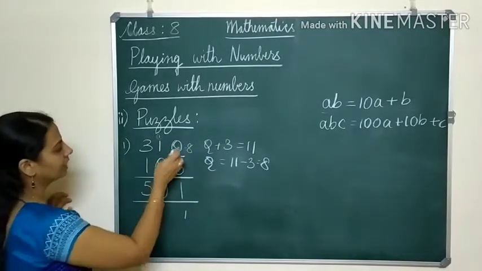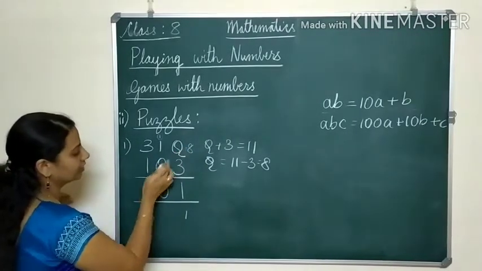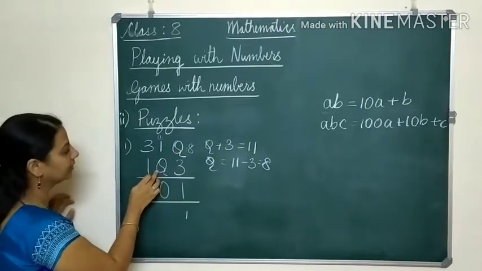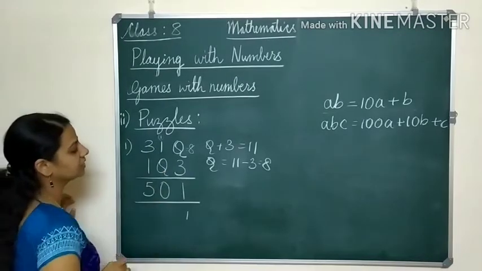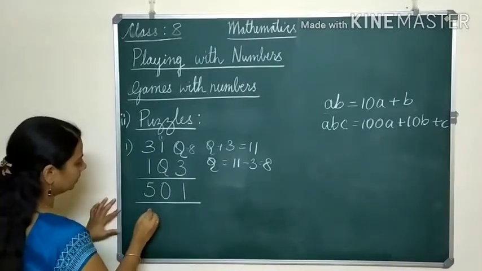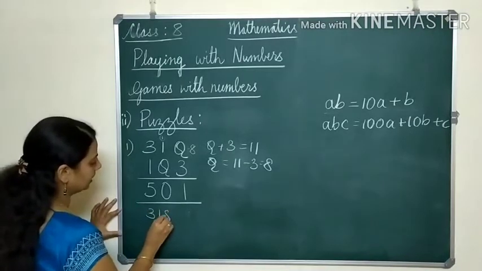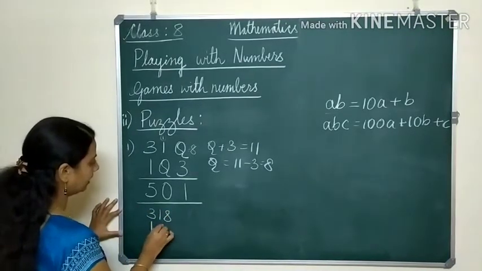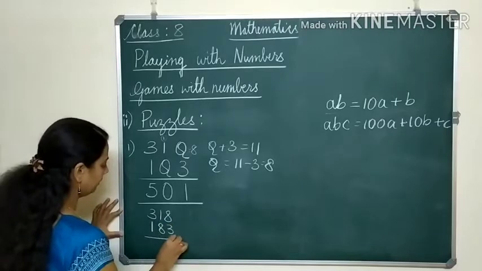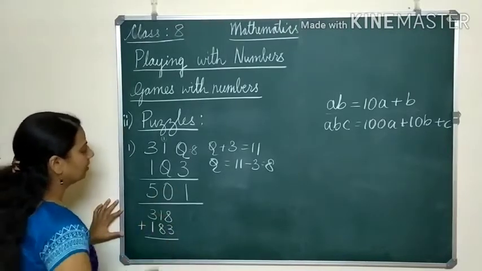Now shall we place this 8 over here, because it is the same value over here, and find out whether this works or not. 318 plus 183. If you add these two numbers, will you get the answer?